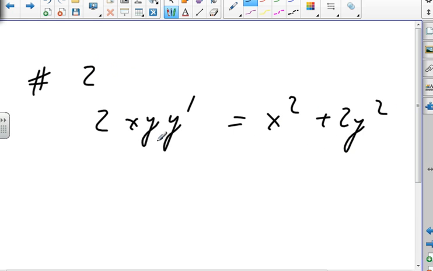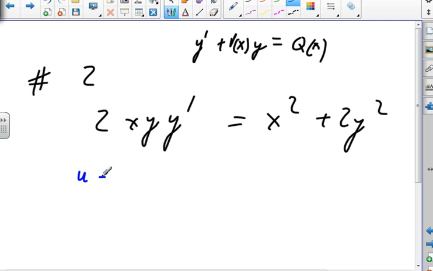So I look at that and I say, well, I can't put that in the form y prime plus p(x)y equals q(x). I can't use that form. I can't separate the variables. No matter what I do, I'm not going to be able to separate variables, so I've got to do something else. So what I'm going to do is a substitution.